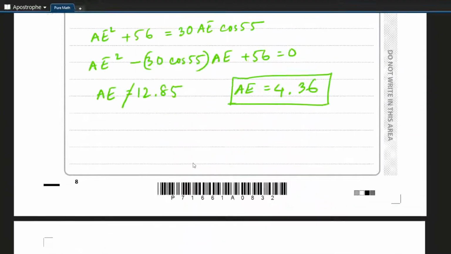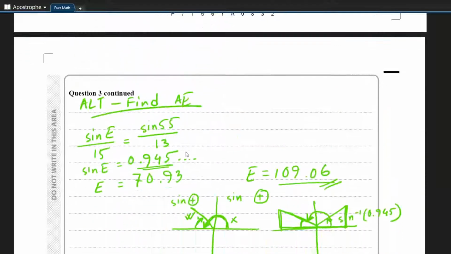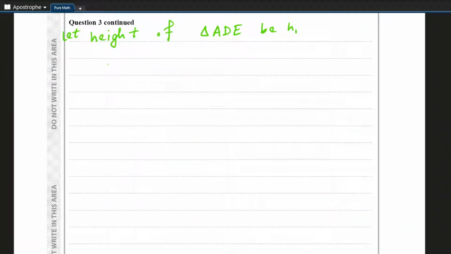Now we have AE here, we have the angle, so opposite, and then this is adjacent, sorry, this is hypotenuse. So we have to find opposite and adjacent. That means SOHCAHTOA: opposite, that means not cosine, and hypotenuse, this one, not this one. So sine 55 is equal to opposite, which is the H1, over hypotenuse, which is AE.